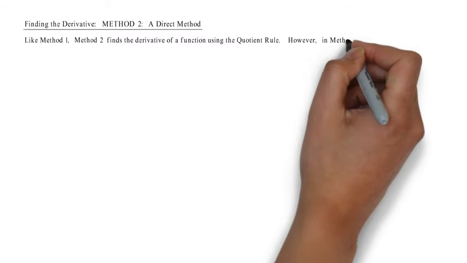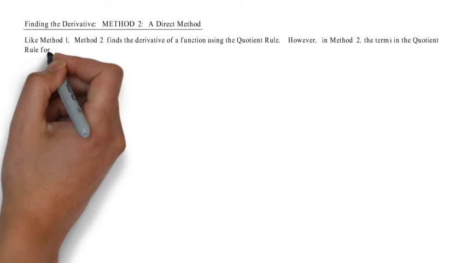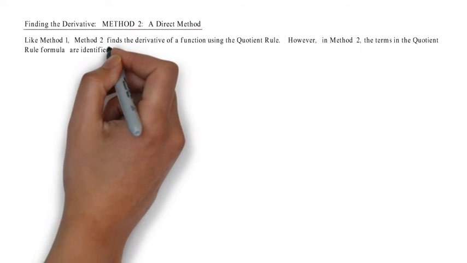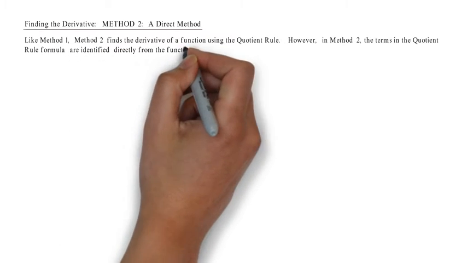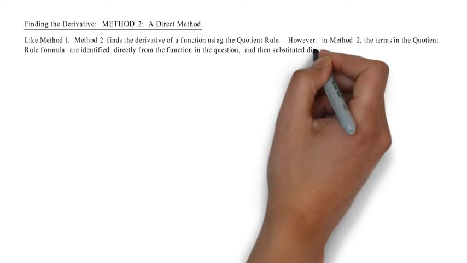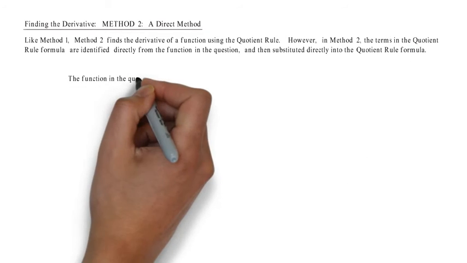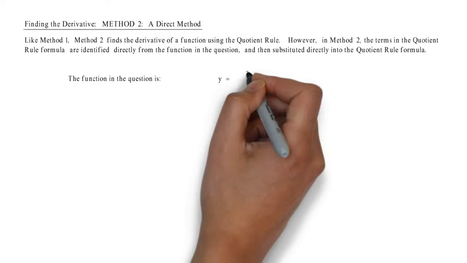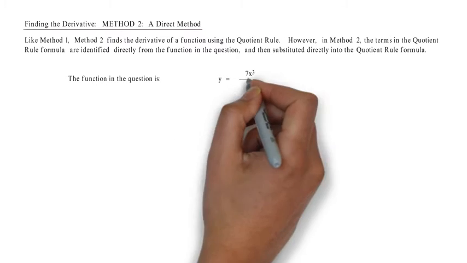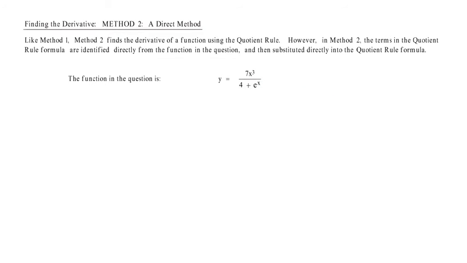However, in method 2, the terms in the quotient rule formula are identified directly from the function in the question and then substituted directly into the quotient rule formula. The function in the question is y equals 7x cubed divided by 4 plus e to the x.